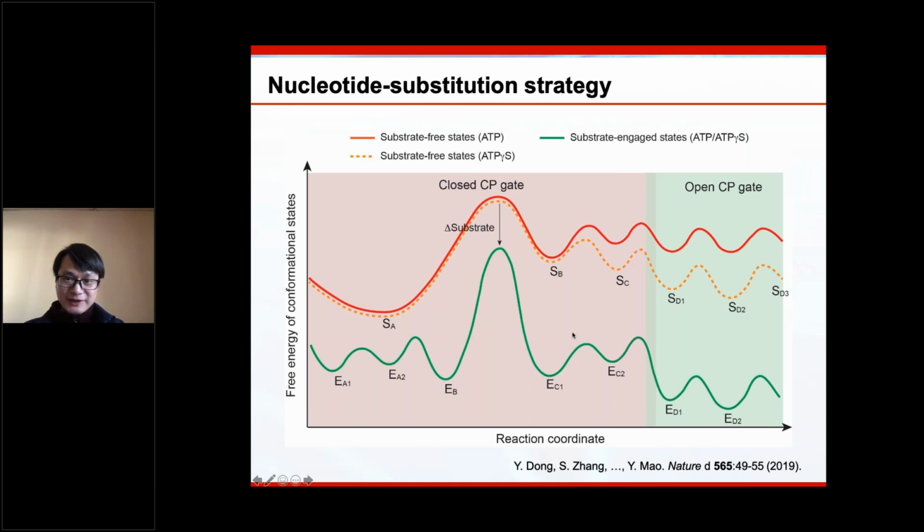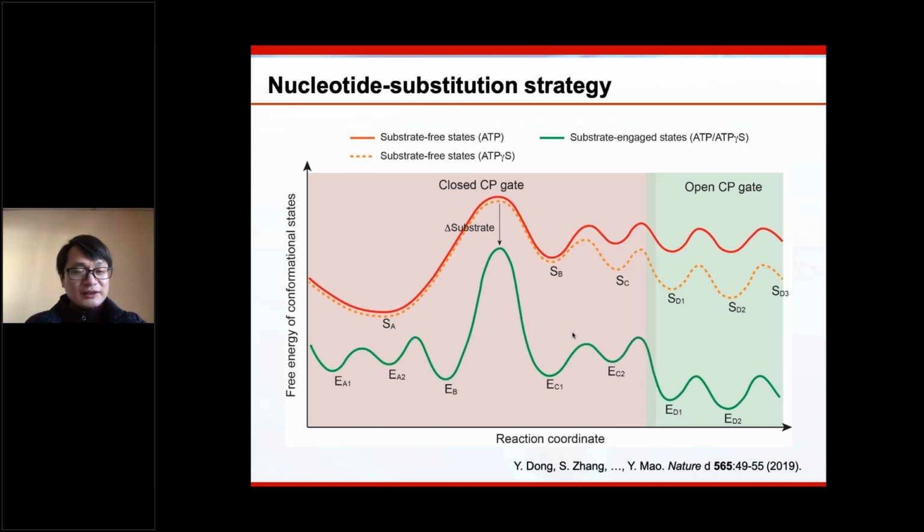So how can we capture them? Based on this understanding, we devised a strategy called nucleotide substitution. The idea is very simple. We feed the proteasome with ATP and substrate, then put the timer on for 30 seconds.